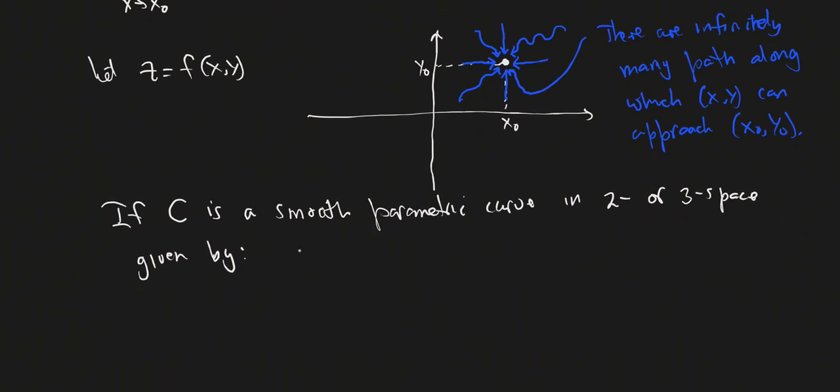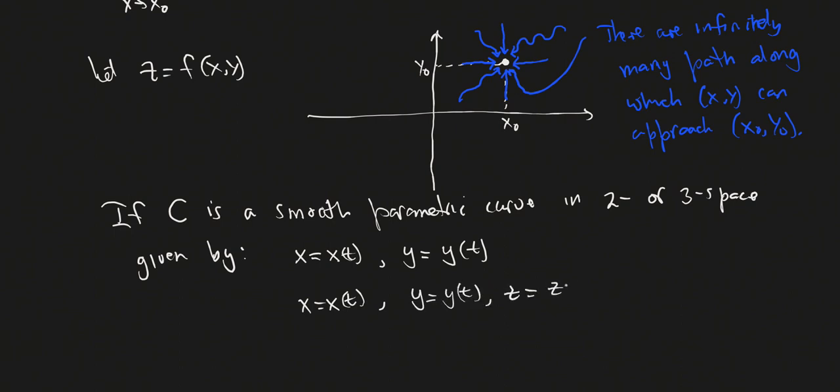So in 2 space, you would have x equals some function of t, and y would be equal to some function of t as well. So this is what it would look like in 2 space. In 3 space, same thing, just a third equation for z. So it looks like this, and then z equals z of t. So again, these are the parametric equations. If we wanted to, we could write it in vector form. The specific form isn't that important, but it's the idea of having these curves.